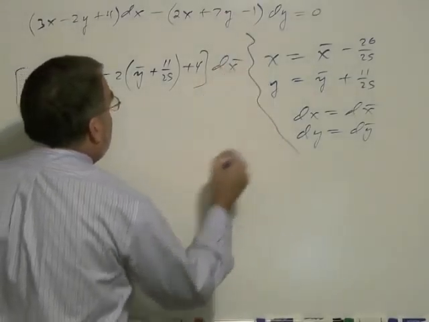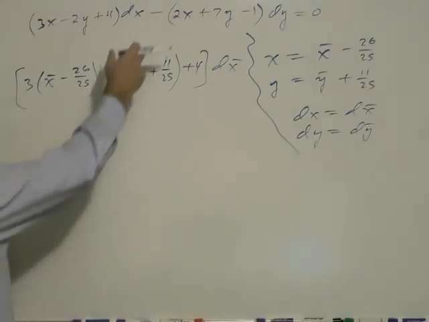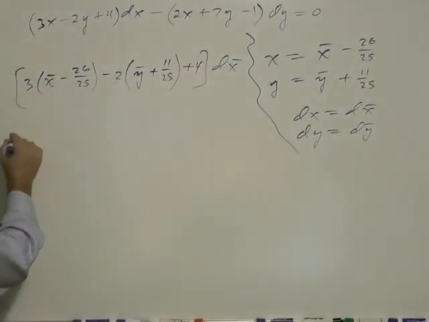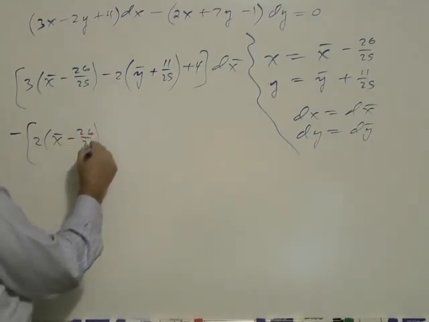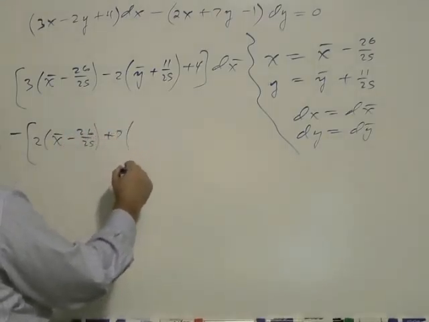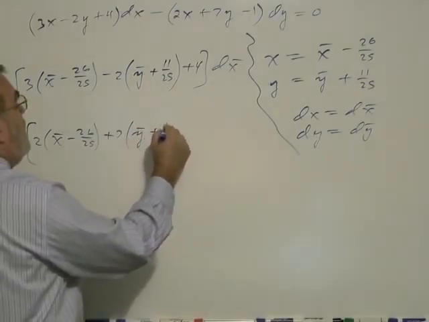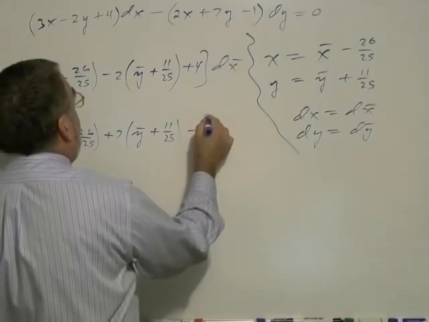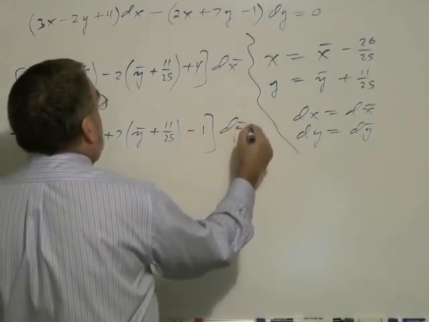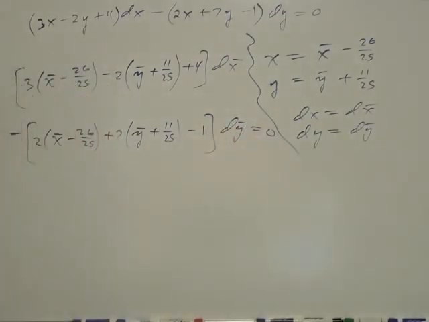Let me separate these here. And then we have this part, which I'll write on the second line here. So minus bracket 2 parentheses x bar minus 26/25 plus 7 parentheses y bar plus 11/25, and then minus 1 close bracket dy bar, and all that's equal to 0.